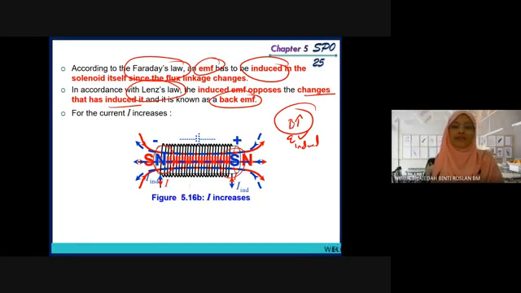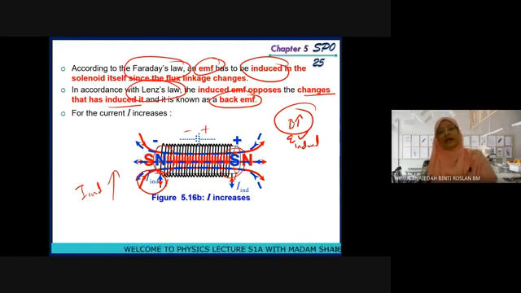So induced EMF you should be up lah. So dia kena naik atas. Your I induced should be up. So your positive should be here, your negative should be here. So maksudnya untuk you want to know the direction of induced current and also induced EMF, you have to use the Lenz's law.